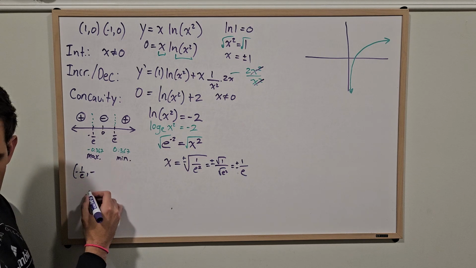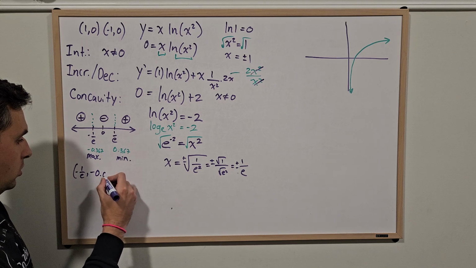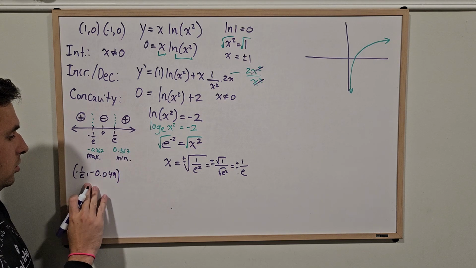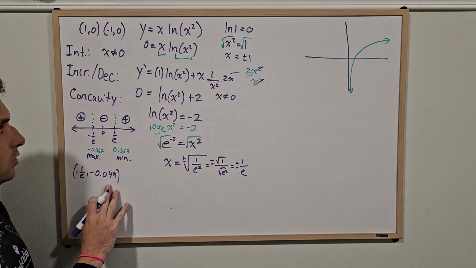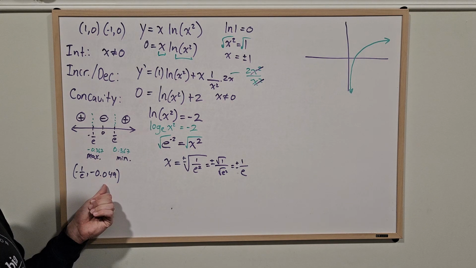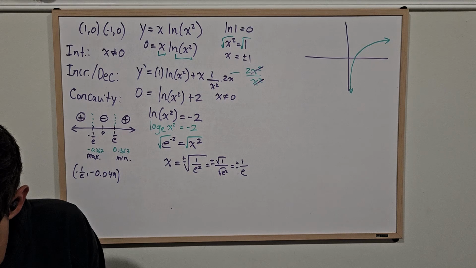I got a value of negative 0.049. It's going to be my max there, okay? Should be a negative. One second. This should be a negative number, so I don't think that's correct. Give me a minute here.